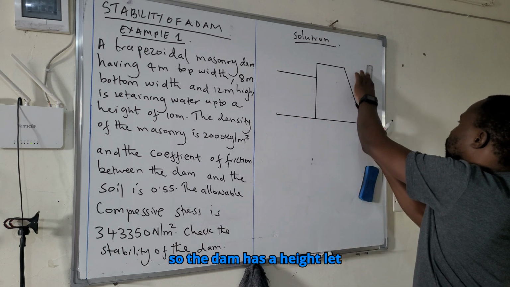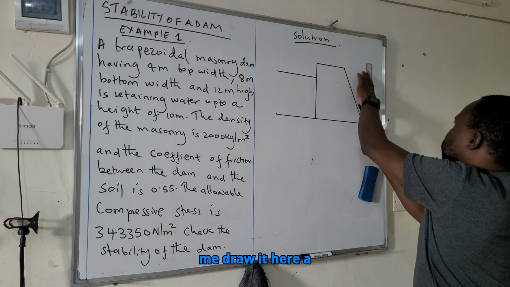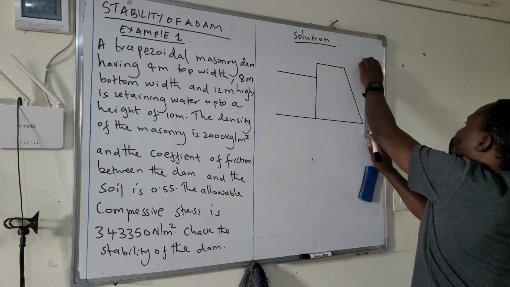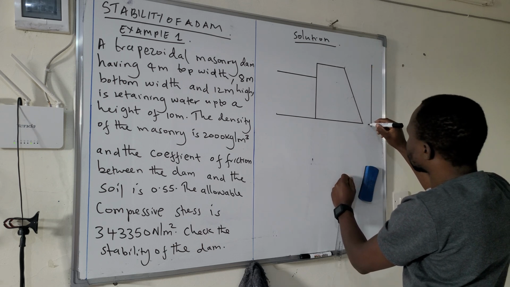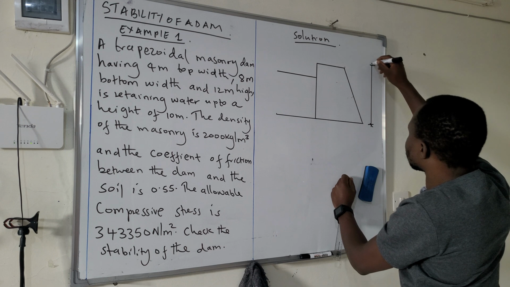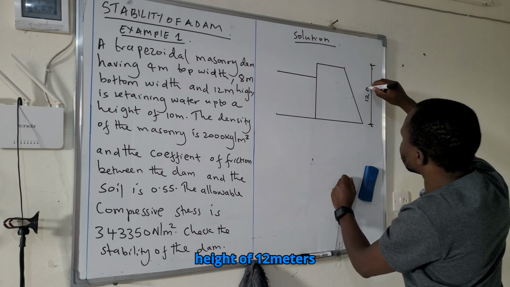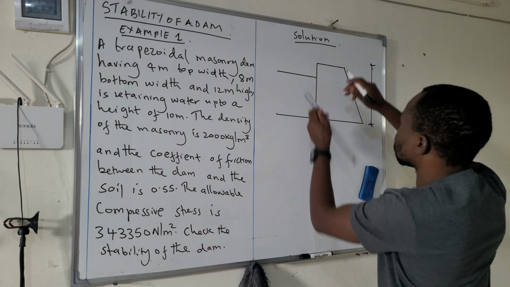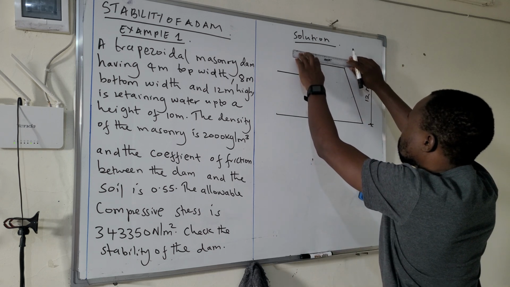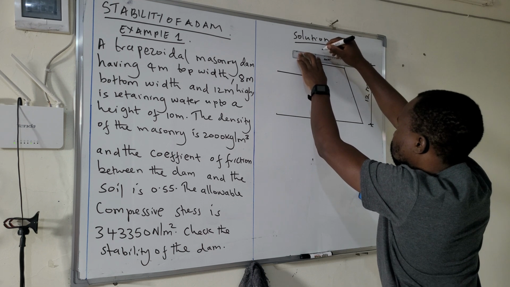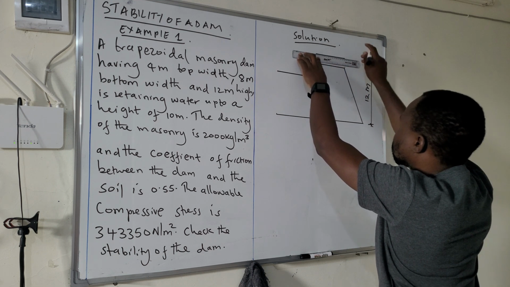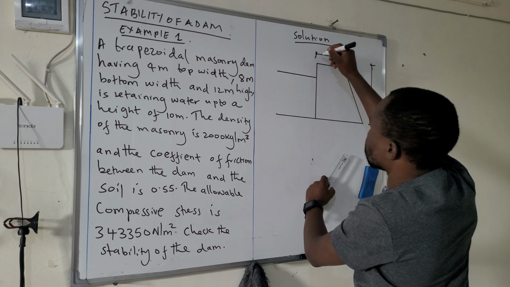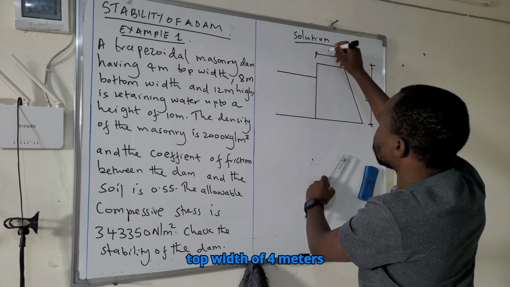The dam has a height of 12 meters, and it has a top width of 4 meters.